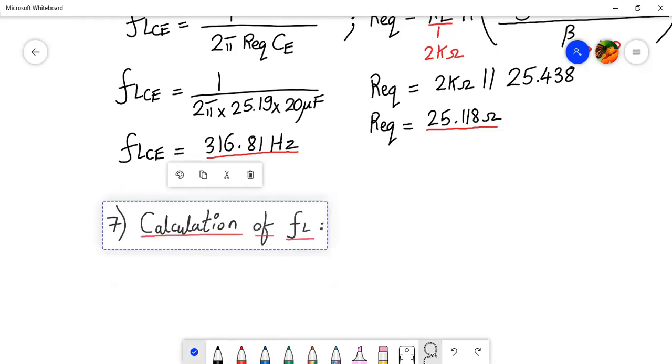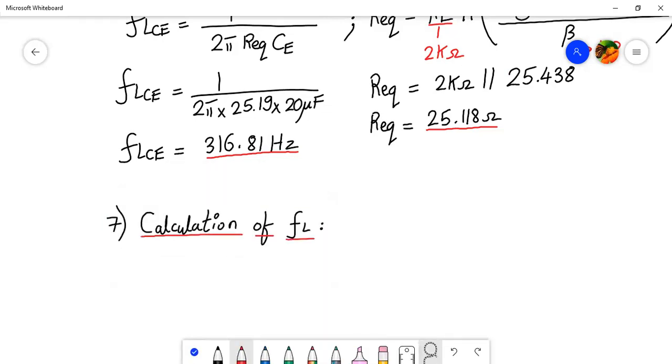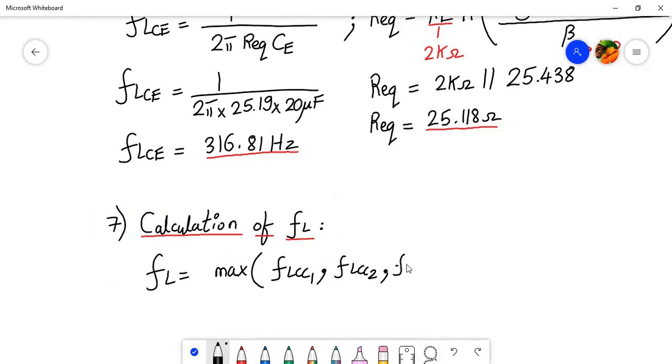Now what is FL basically? FL is the overall cutoff frequency, lower cutoff frequency, right? So FL will be given by maximum of FL of CC1, FL of CC2, FL of CE.